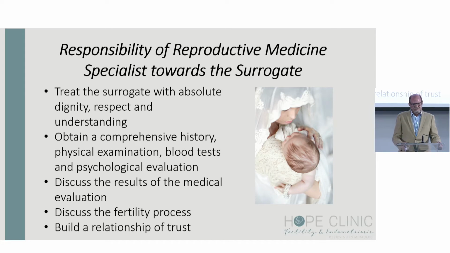And then you must discuss the results of the medical evaluation with the surrogate. She must know what's going on, what's happening. Is she healthy? Discuss the fertility process with her and develop a trust relationship with the surrogate.